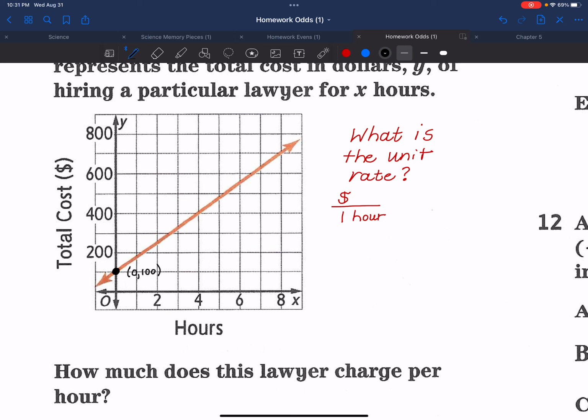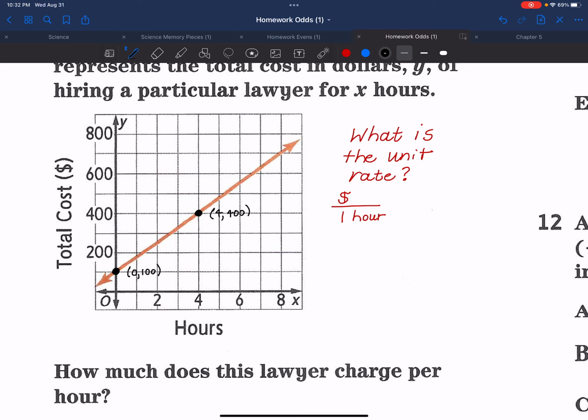You have to pay the $100 before he even gets started on your case. Okay, another point that is at an intersection is right here at 400. So 4 hours cost me $400, but I need to know what that retainer is.